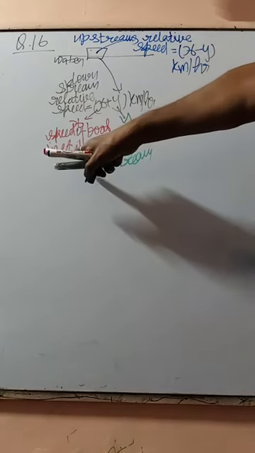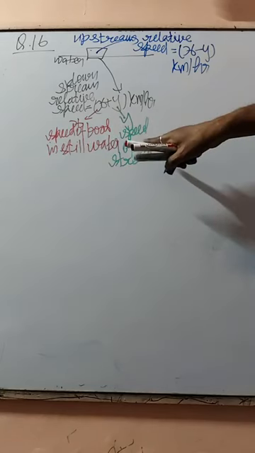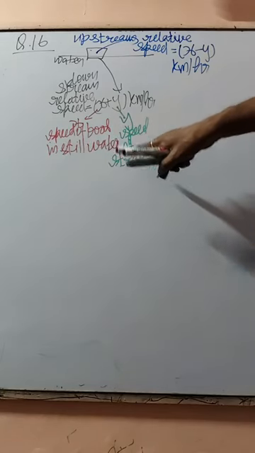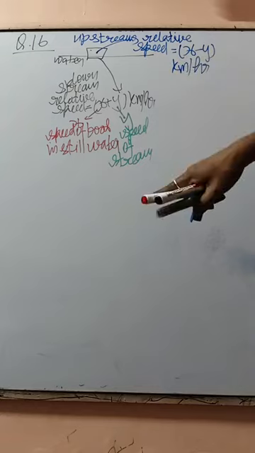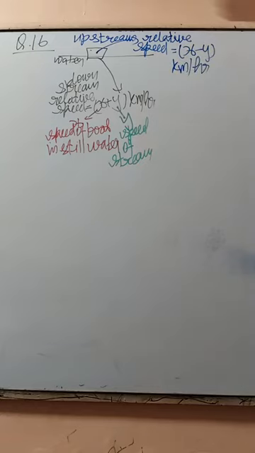Same, x is the speed of the boat in still water and y is the speed of the stream. When going up, when going down, now what is this saying?